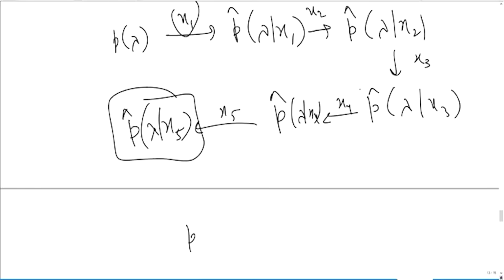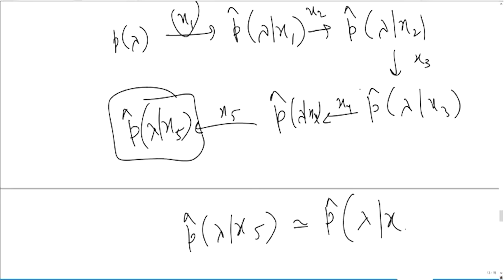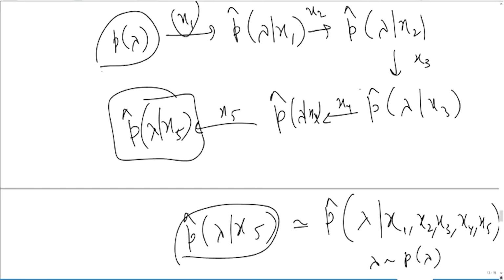This posterior would be the same as the posterior distribution that you will get if you combine data from all these 5 experiments, or data from all these 5 days, and compute a single posterior conditional on data from x1, x2, x3, x4, x5, where the prior on lambda is P of lambda, which was the original prior before seeing any data.